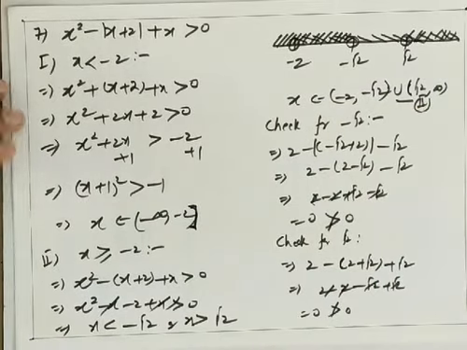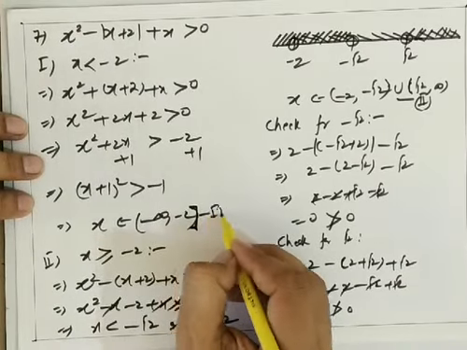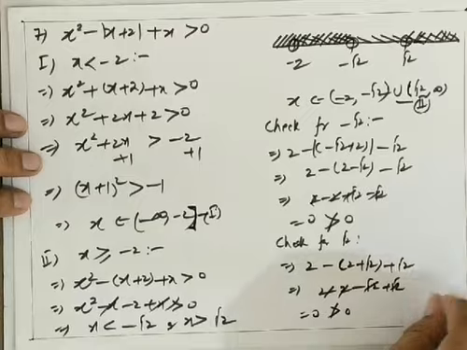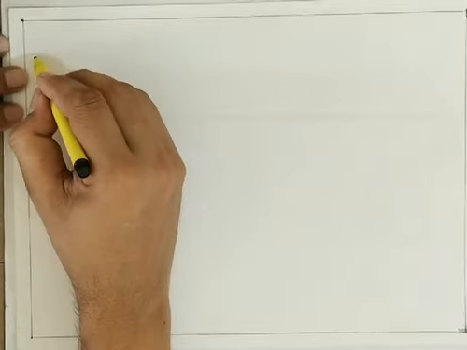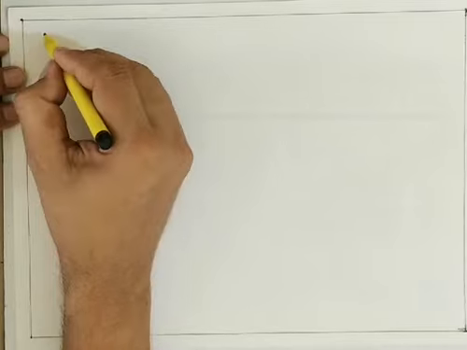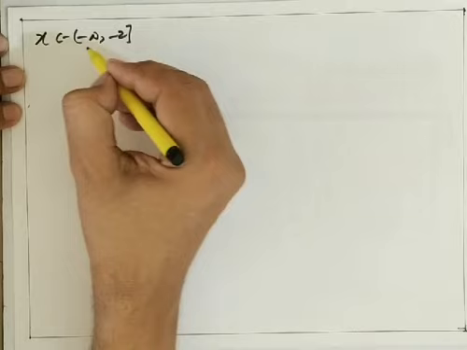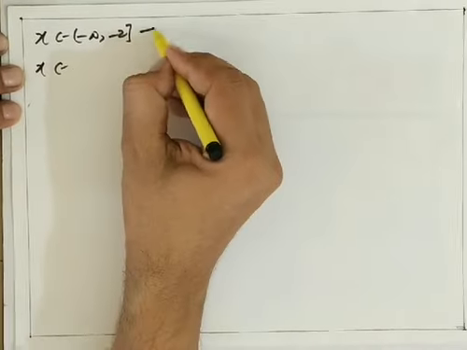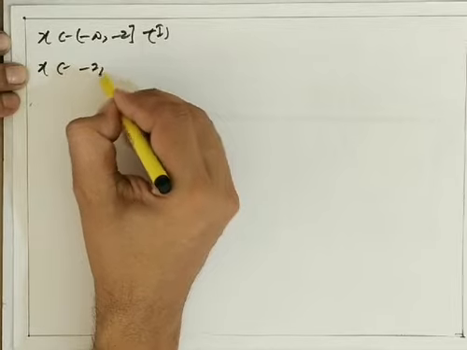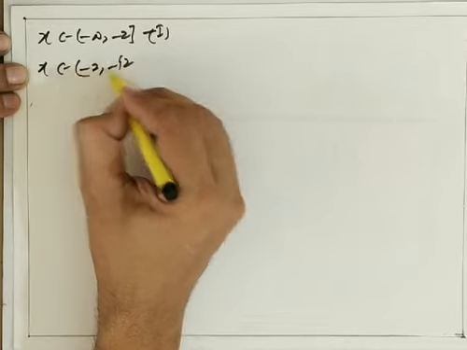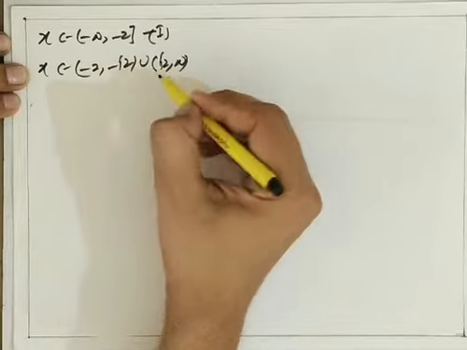Now either first case or second case is there. First case was this, and let me plot both the cases on the number line. First case was x belongs to (-infinity, -2], and second case was x belongs to (-2, -root 2) union (root 2, infinity).